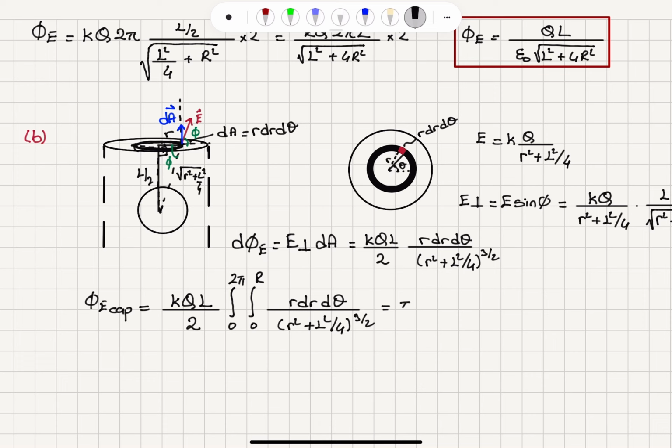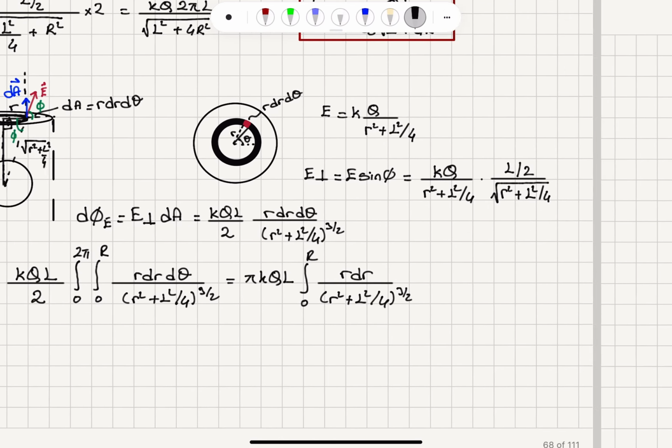So I will have pi kqL, the integral from 0 to capital R, r dr, because I have already performed the theta integration, over r squared plus L squared over 4 to the power 3 over 2.